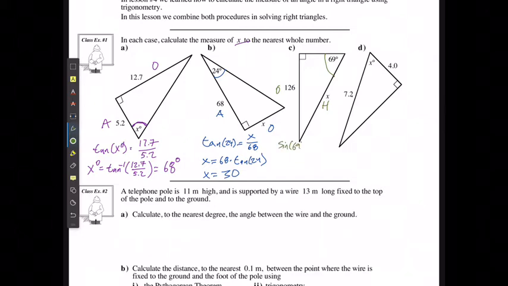Sine of 69 is equal to 126 over the hypotenuse, or x. x times sine of 69 is equal to 126, which means that x is going to equal 126 over sine of 69, or in this case, x is equal to 135.